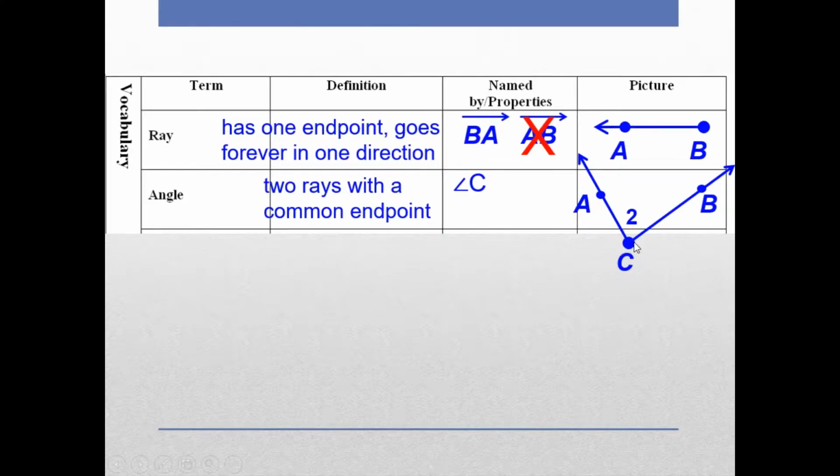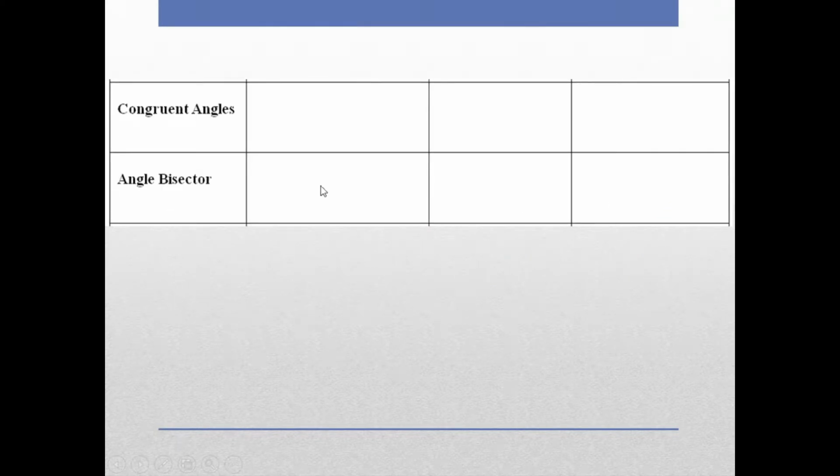If there's only one angle at this common endpoint, you could call it angle C. Often you'll see a number inside the angle, and so you could call this angle 2. Otherwise, you need to use all 3 points and start along one ray to the common endpoint and then through the other side. So you could call this angle ACB. You could also start at point B and call it angle BCA.